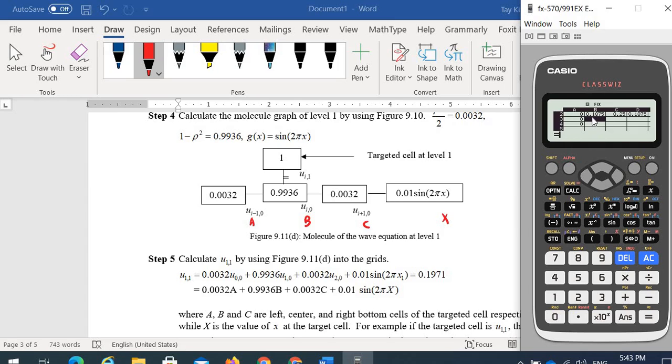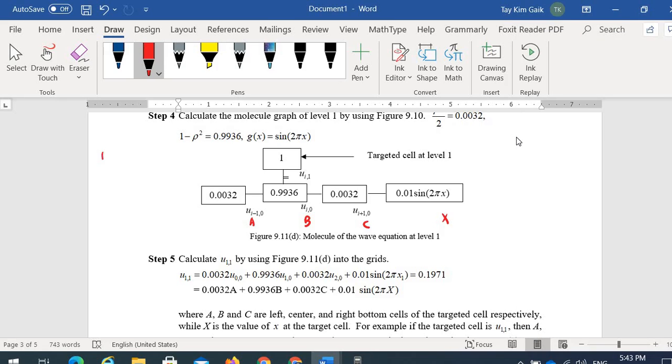So the formula in the molecule needs to be reversed. This cell depends on the left top, center top, right top, and the current position of your x. I'm putting the formula in B3.